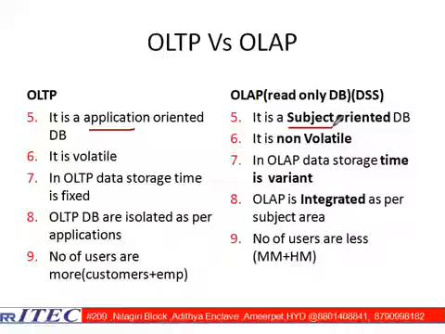Initially it was called the Data Warehouse Team. Thereafter, people thought, data warehouse means what, sir? Data storage location. That is what warehouse means. Actually, we are not storing the data, sir.